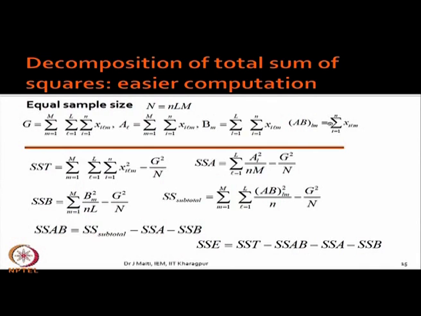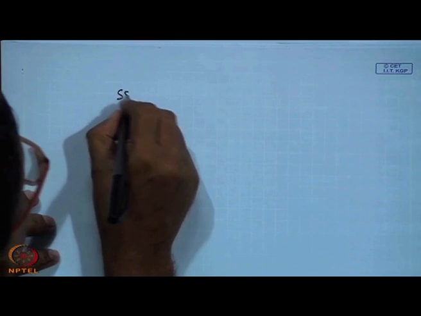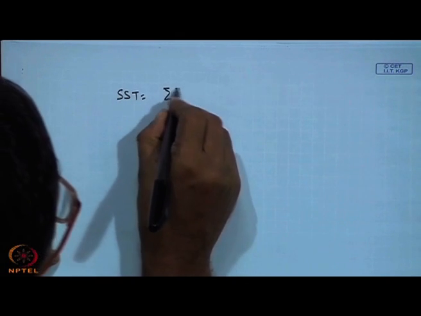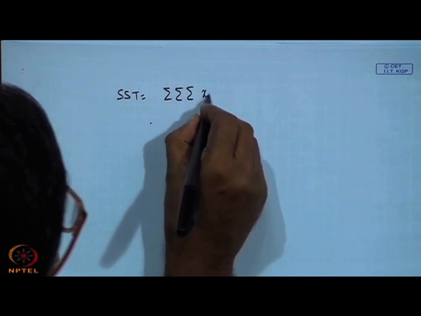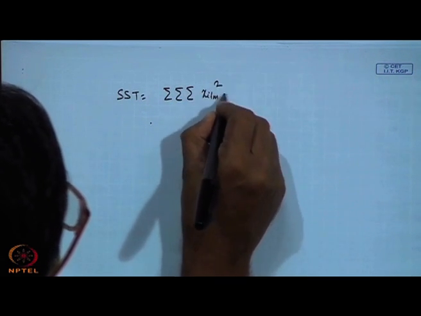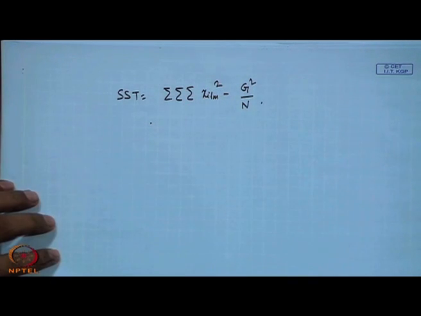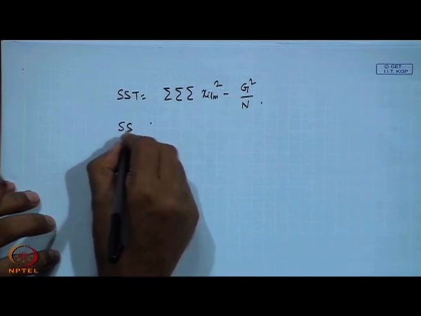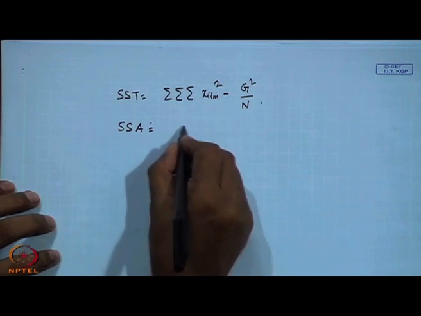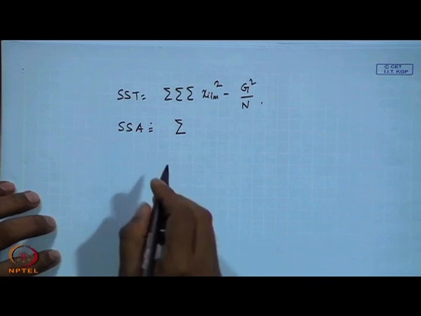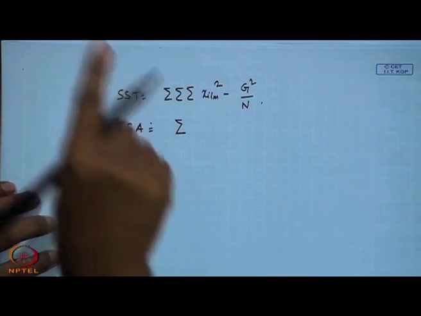Okay. So, what will be your SST calculation? SST is the sum of X_ilm squared minus G squared by N. Okay. When you talk about SSA, you are considering only the rows.